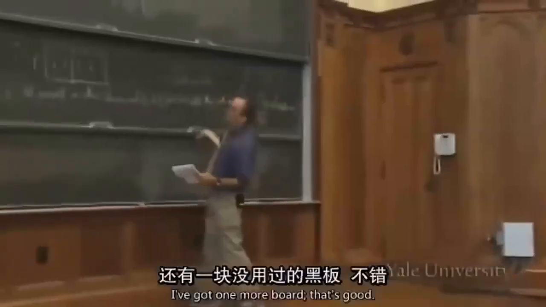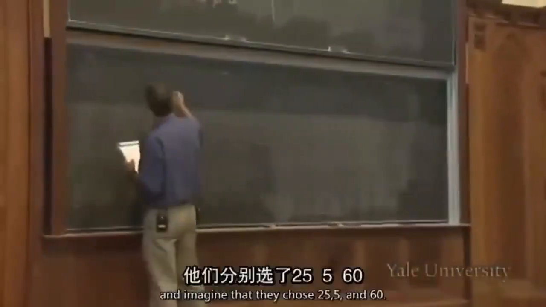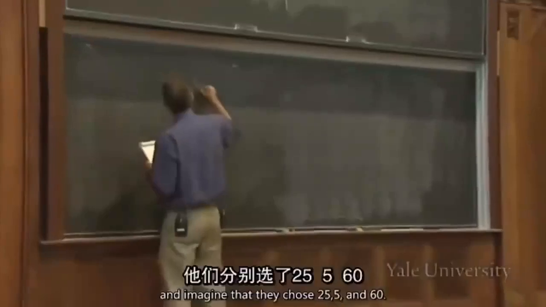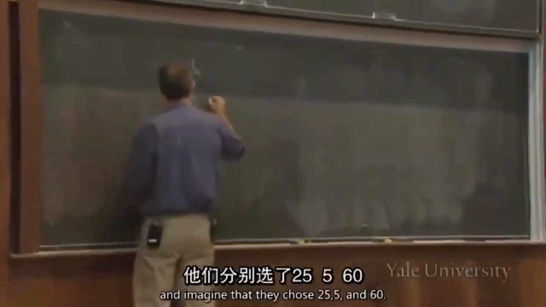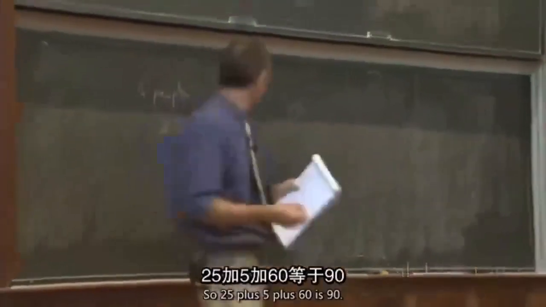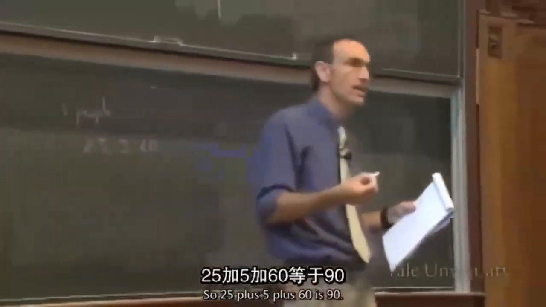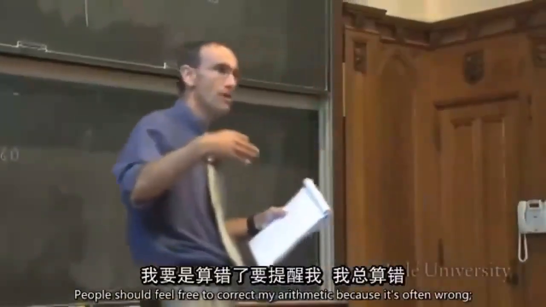Got one more board, that's good. So imagine there were 3 people in the class, and imagine that they chose 25, 5, and 60. All right, so 25 plus 5 plus 60 is 90. People should feel free to correct my arithmetic because it's often wrong.